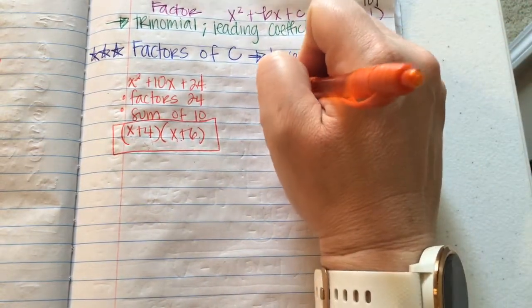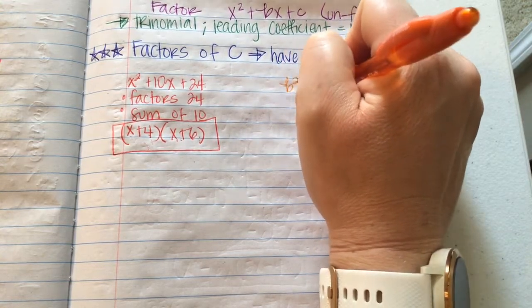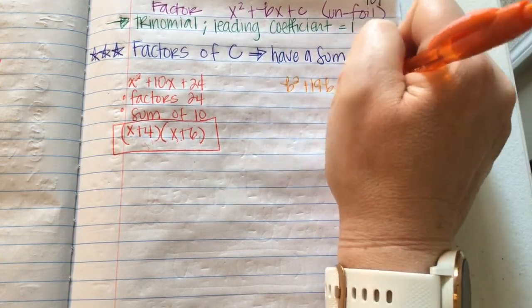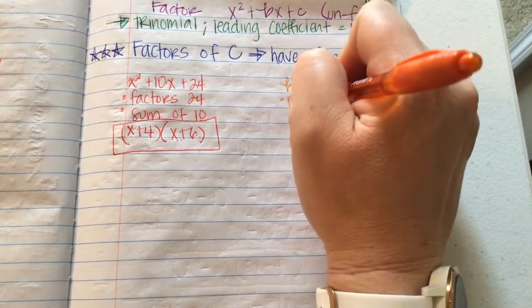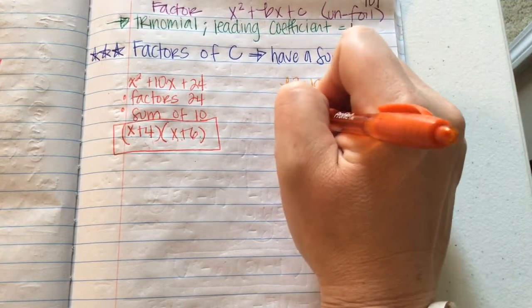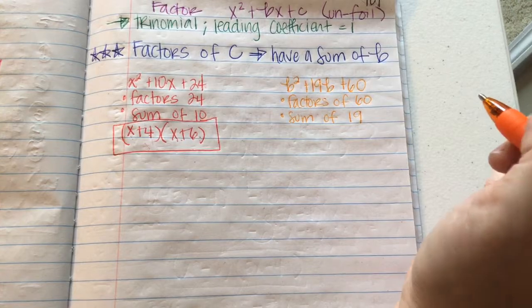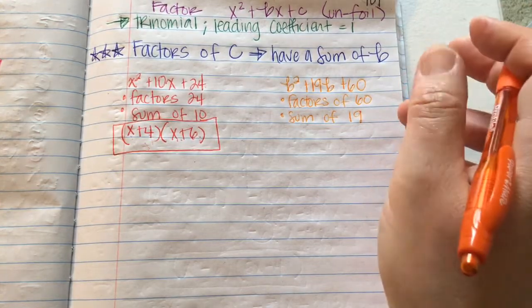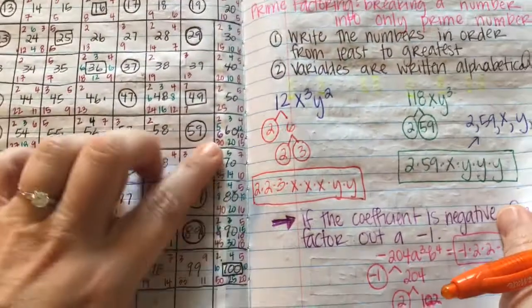So let's try b squared plus 19b plus 60. So I'm looking for factors of 60 that have a sum of 19. So if you don't know factors of 60 that have a sum of 19, we're going to go back to our factor squares. I'm going to go to 60.